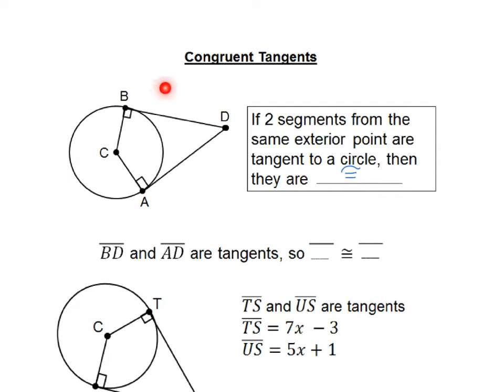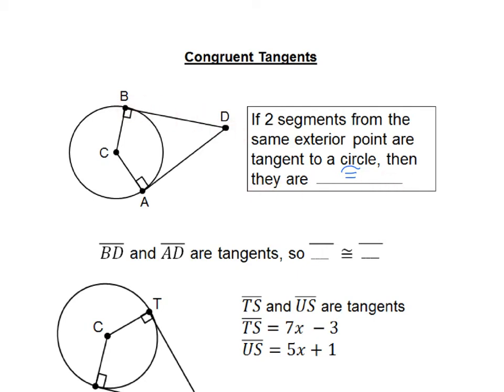All right, so this next part, looking at congruent tangents. So when can tangents be congruent? If two segments from the same exterior point, so notice when we refer to exterior point, that means it's outside of the circle. So D is an exterior point because it's outside of our circle, okay, are tangent to a circle, then they are congruent.